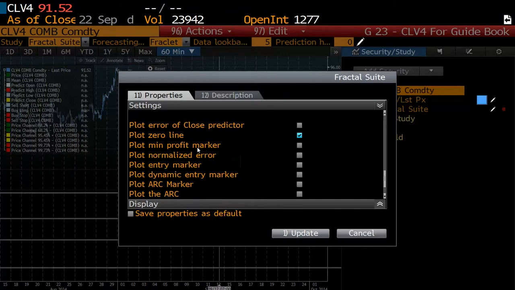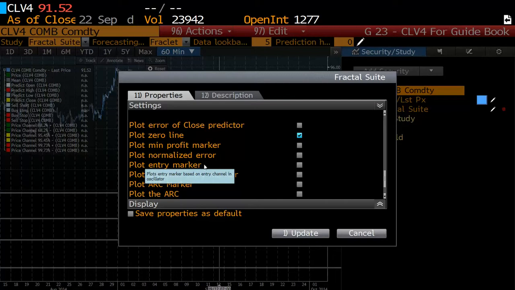We have plot minimum profit marker. You may remember this from one of the earlier videos when I was describing how to use the entry channel and how you can set a minimum amount for the entry channel to come within of a range from the mean. Well, this is very similar. Plot normalized error. This is the difference between the last traded price and the predicted close.